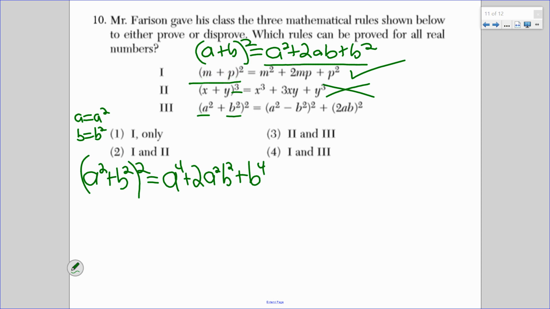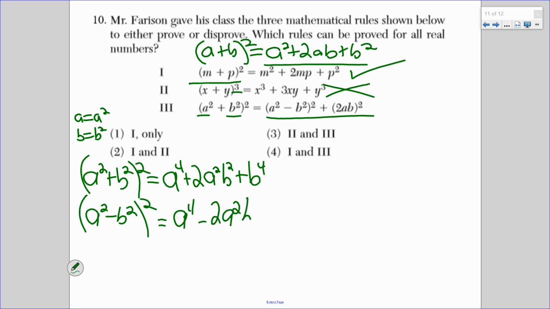Now I need to see if it's equal to the right-hand side. So for a squared minus b squared, squared, again, a is a squared and b is b squared. A squared squared is a to the fourth, minus 2ab is 2 a squared b squared, plus b squared squared is b to the fourth.